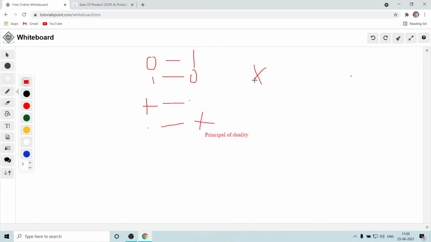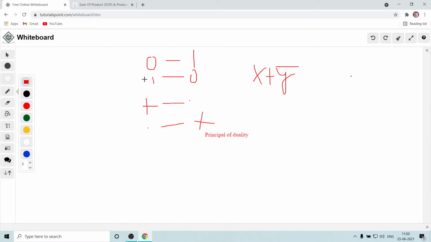So if we are having x plus y, okay, x plus y bar. What are we going to do? x means here it is positive. This is a sum of products form. You can see this is a minterm. And in SOP we know x represents 1 and bar represents 0.